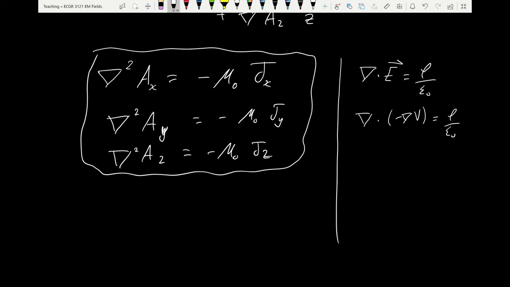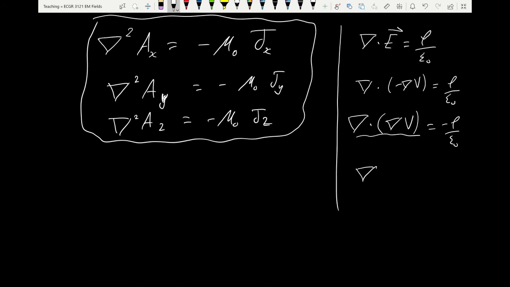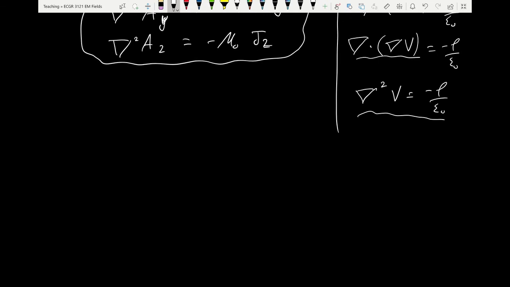I take the minus sign to the other side, I get the divergence of the gradient of V equals minus rho over epsilon naught, and this is the definition of the Laplacian. So this is the Laplacian of V equals minus rho over epsilon naught. This is called Poisson's equation, after the French scientist.